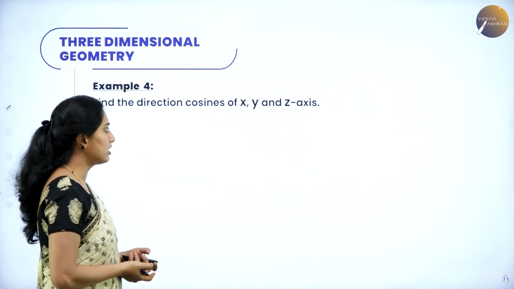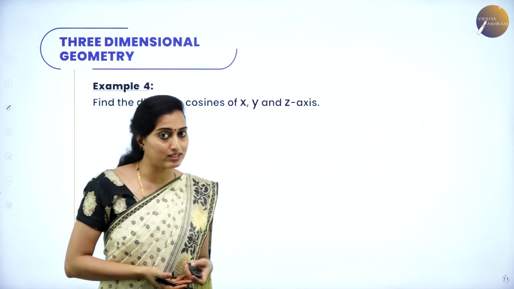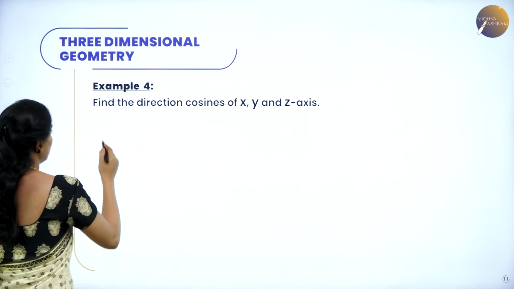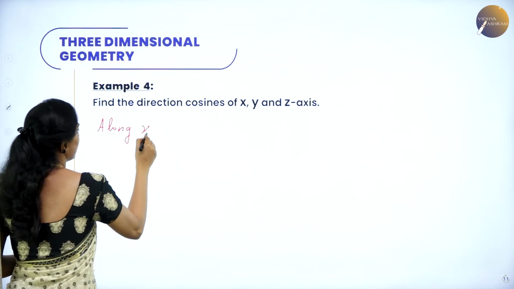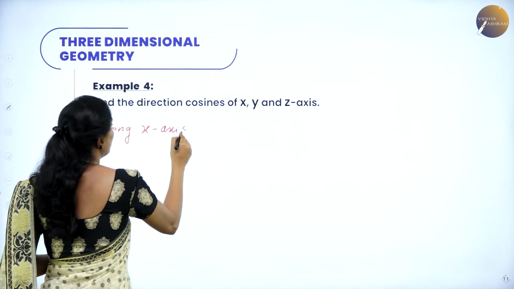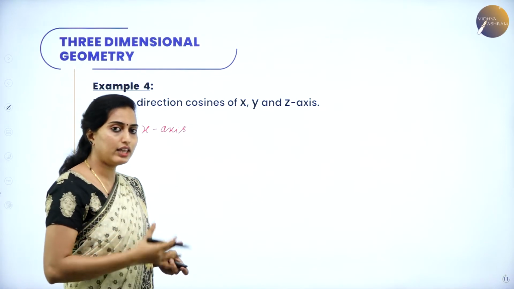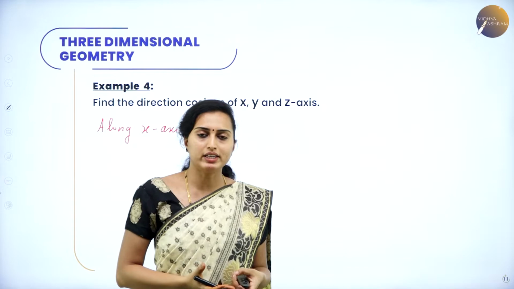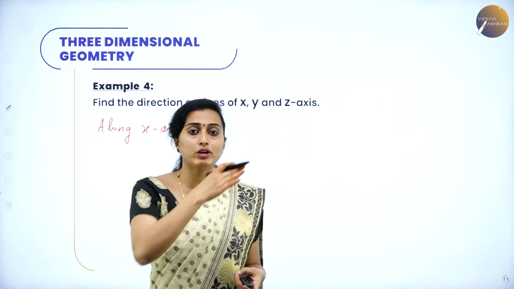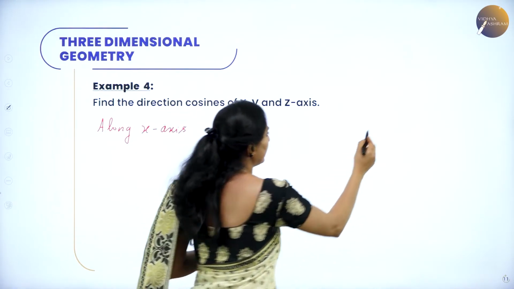Find the direction cosines of the x, y and z axes. Along the x-axis, what is it? Along the x-axis, you are having the y and z axes perpendicular, correct, like this, see.